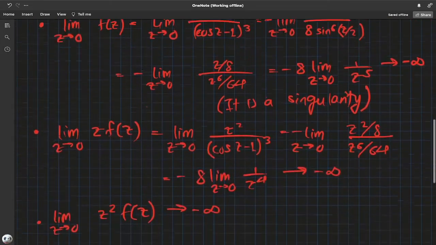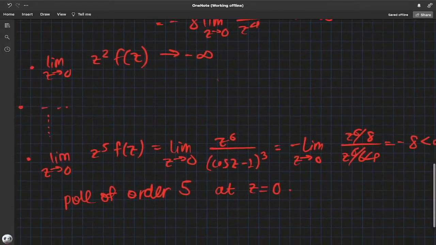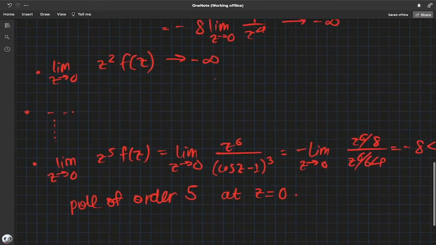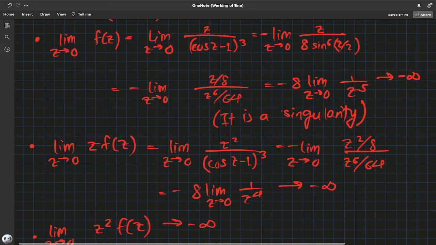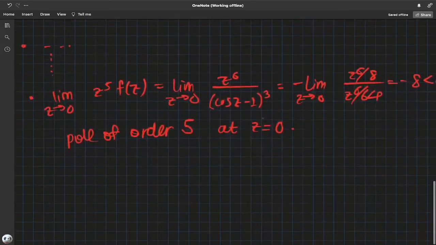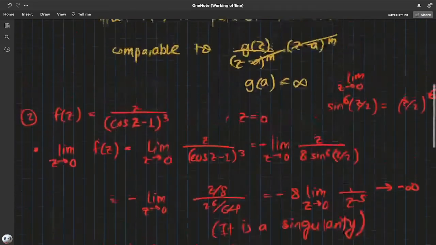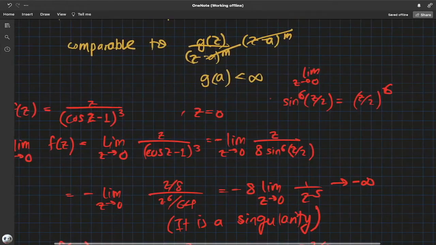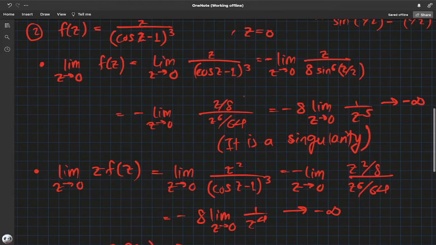So that's where this idea of a pole, or multiplying by a certain factor to get rid of it, and then just doing an exercise in limits, or even L'Hopital's rule if you don't want to do this trigonometric sine approximation that I did here, comes in. But you see, this is a really nice method.